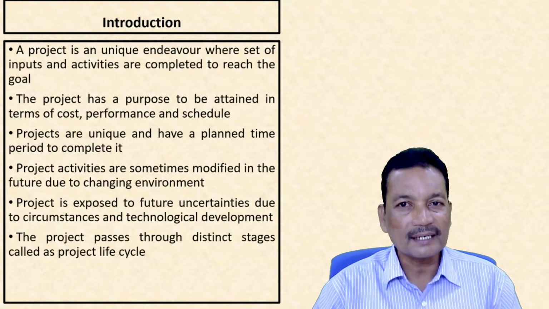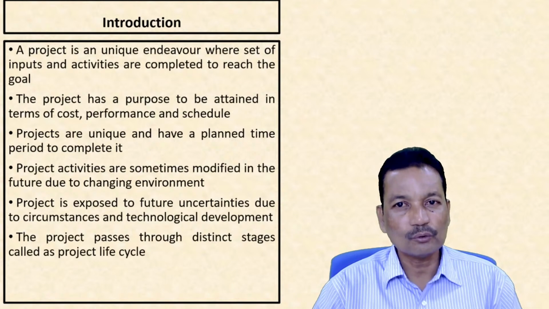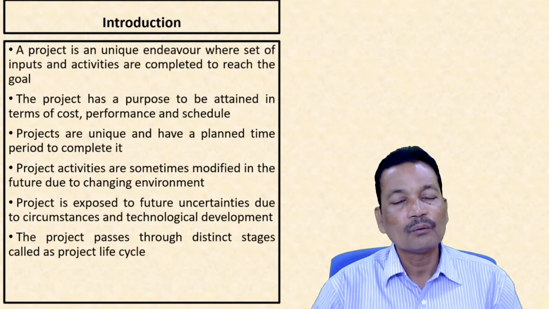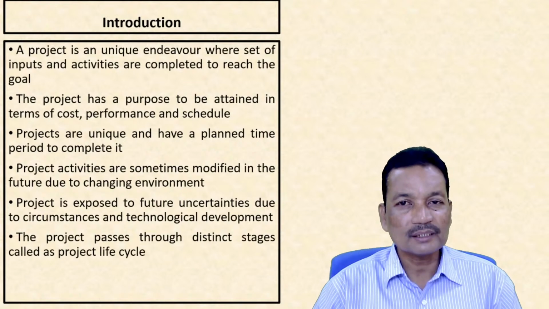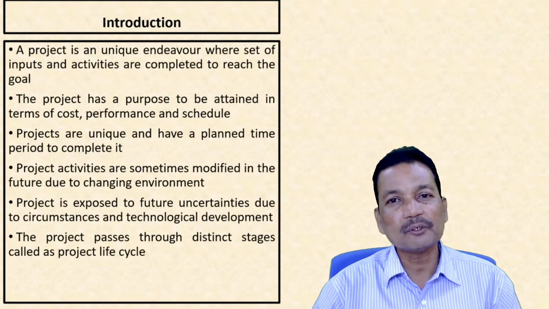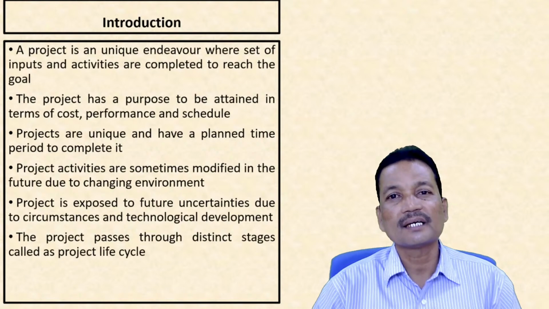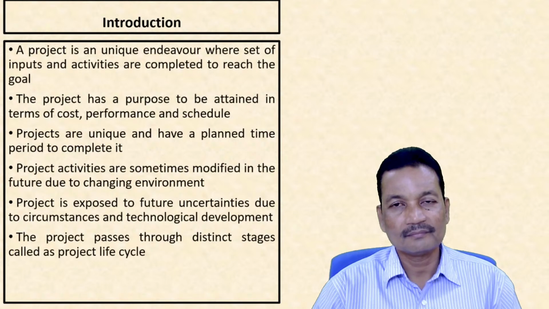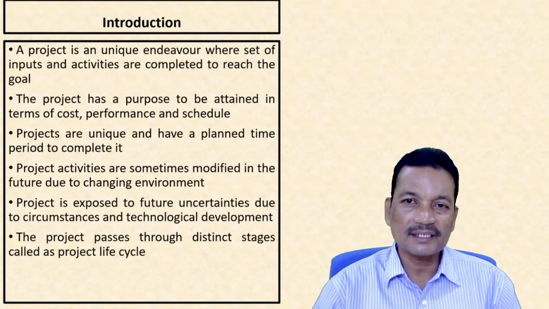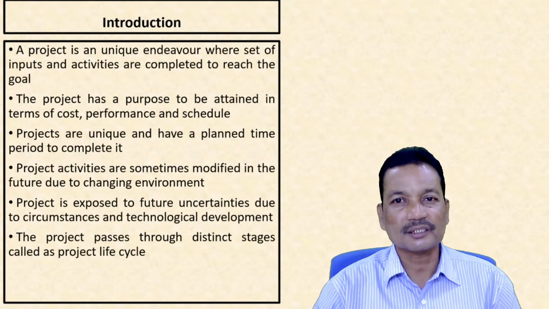Commissioning means before handing over the project to the customers for whom the project was created, we make some test runs to see whether the deliverables, that means outputs of the project, are according to the objectives of the project. So once the commissioning or closure stage is ready, we hand over the project to the customer and the life of the project ends there.